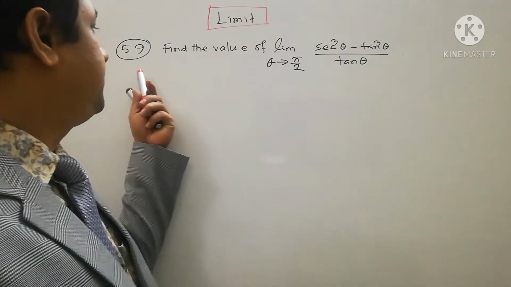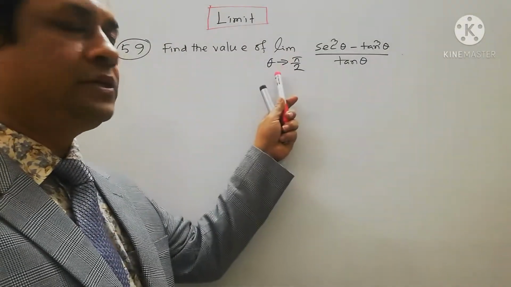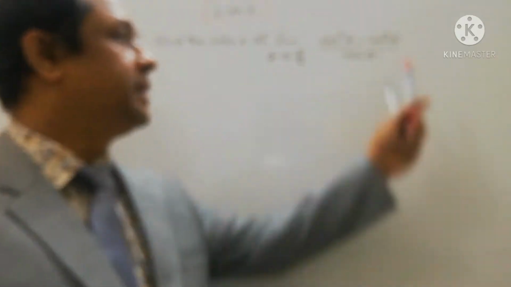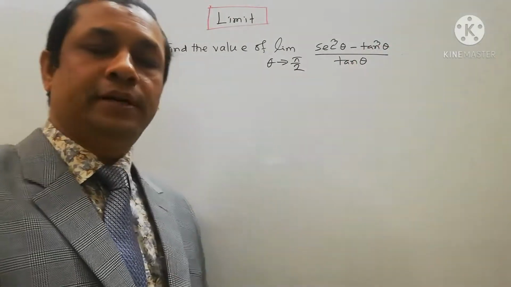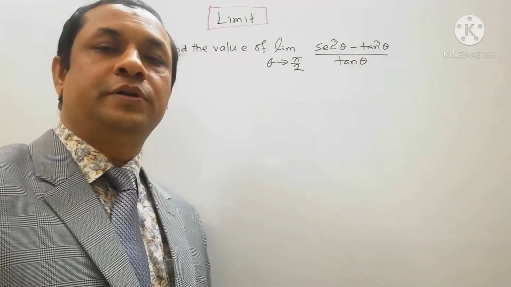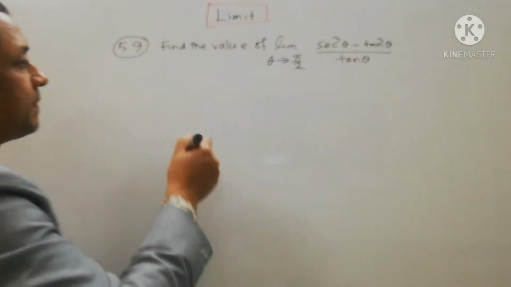Question number 59. Find the value of limit theta tends to pi by 2, sec cube theta minus tan cube theta by tan theta. It's a very important question for your exam. So look at the board.